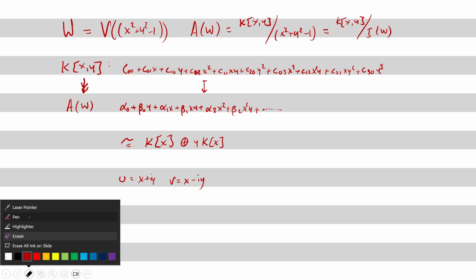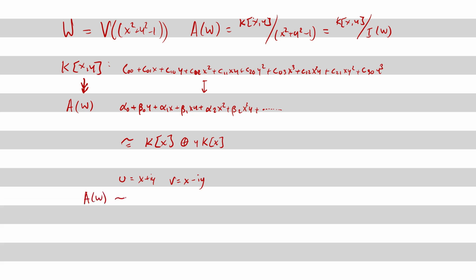A of W changes to kappa naught plus kappa 1 u plus kappa minus 1 v plus kappa 2 u squared plus kappa minus 2 v squared plus dot dot dot, which is isomorphic to k adjoin x, x to the minus 1, or u to the minus 1, with the assignment u to x, v to u to the minus 1.